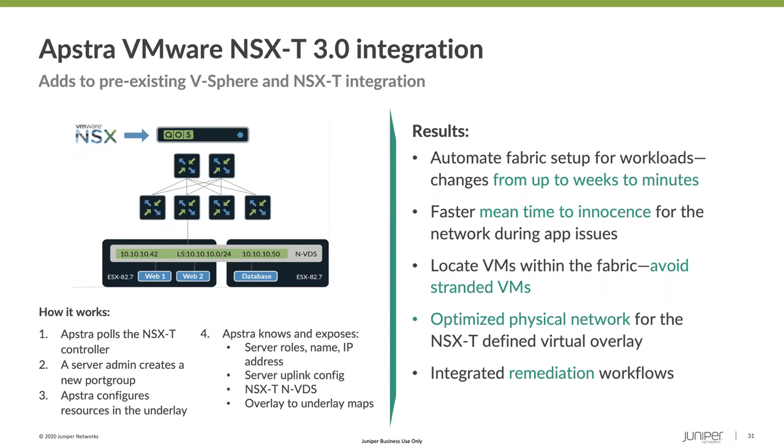So sometimes there could be a mismatch. If NSX-T wants a VLAN configured in the fabric in order to work, and it is wrongly configured, that might be seen on the Apstra side. We can see this VLAN, for instance, is missing, and then we can quite easily see how to fix this, or it could be an application. So it's quite powerful to see that by reading information from NSX-T into the Apstra environment.